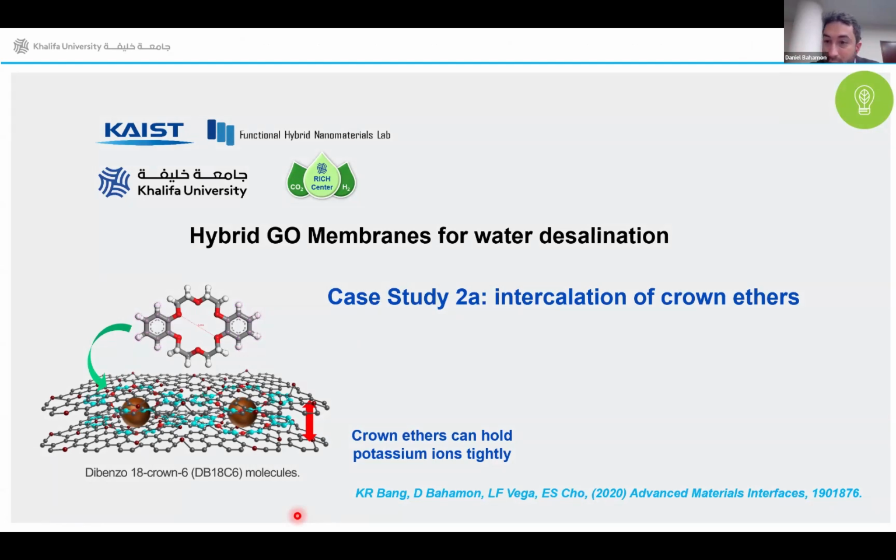The first one was intercalating some crown ethers, and due to the electrostatic interaction between this crown ether and the ion in between, which is potassium, they can hold these graphene oxide layers very tightly, and we can obtain these channels with a specific distance that will be beneficial for the water permeation.